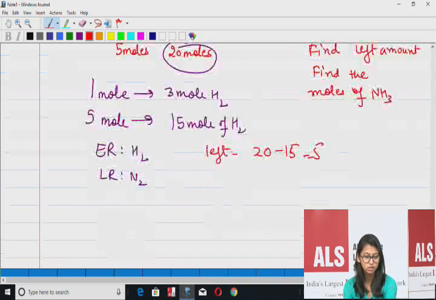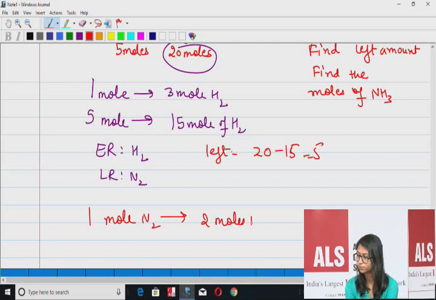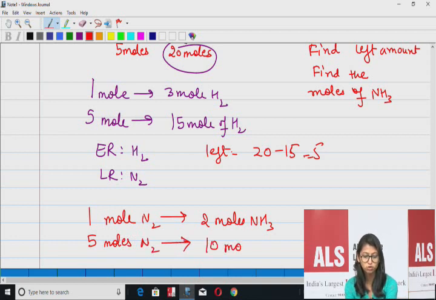And regarding the NH3 part, 1 mole of N2 is giving me 2 moles of NH3, right? And what is given? 5 moles of N2 will be giving me 10 moles of NH3. Clear to everyone?